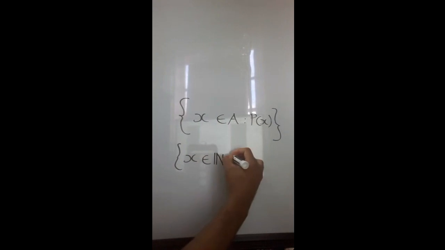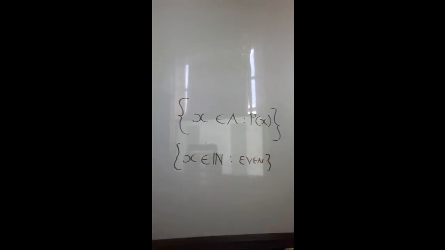For example, if I were to write this, what do you think that one is saying? So this is the word even, and you should know what this N means.